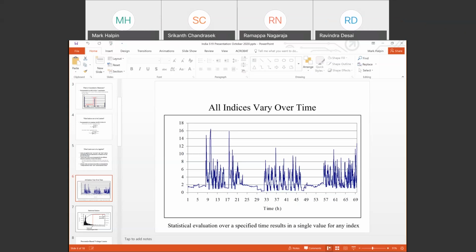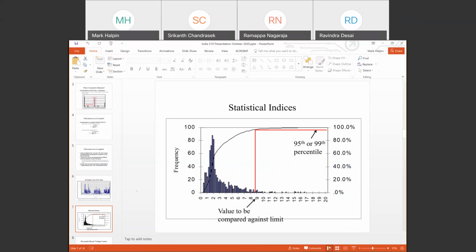So which one of those values would you want to use to compare to a limit? Well, none of them. We don't use any of those individual values. We take data like this, collected over 1 day and 1 week, and we develop a statistical profile for it. To do that, we simply make a histogram of all the data, and then we establish the probability function from the histogram.